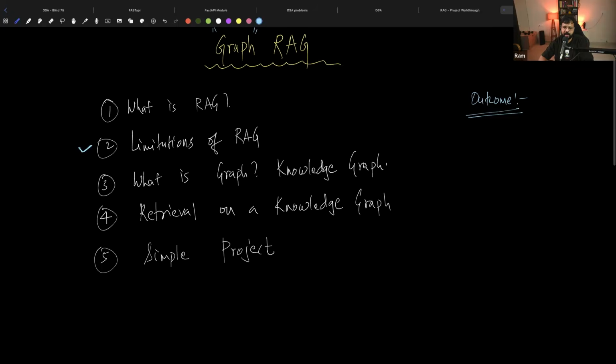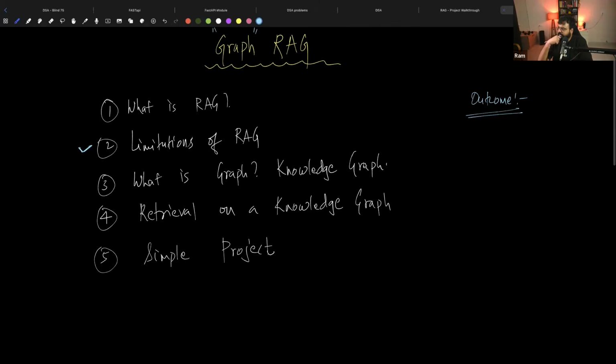And then how we can bring all of these ideas together to build a simple project that you can probably put on your resume. After learning this technique, you can add another feather into your quiver of knowledge about agentic AI or generative AI techniques. Okay, so that is our intent, that is our agenda, that is our intention from today's discussion.